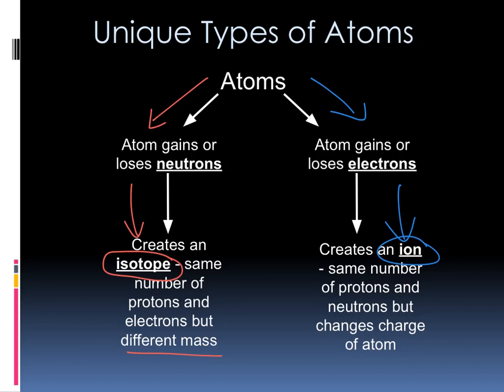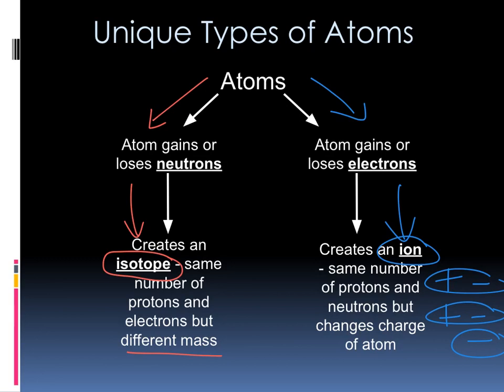Let's say I had 2 protons and 3 electrons. Well, if I pair that up, I'm left with a negative charge. That negative charge now becomes the charge on the atom. So whatever isn't used up, if I were to match up the protons and electrons, is going to become the charge on the atom. That's an ion.